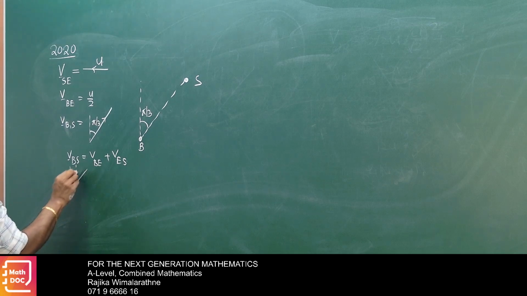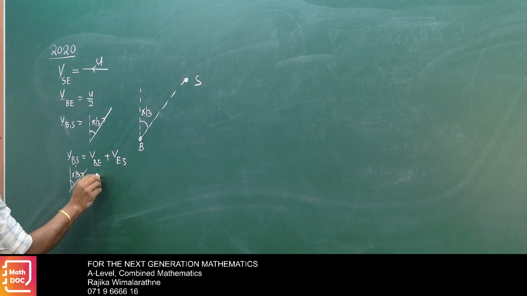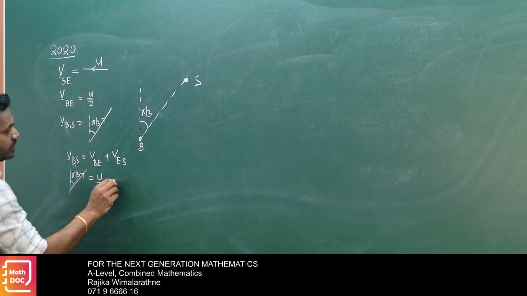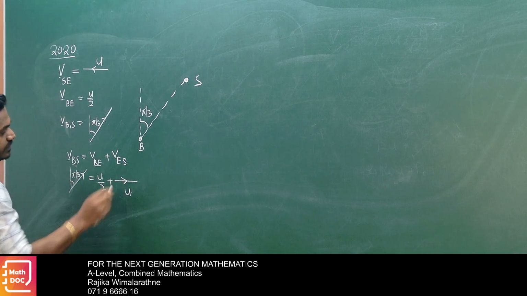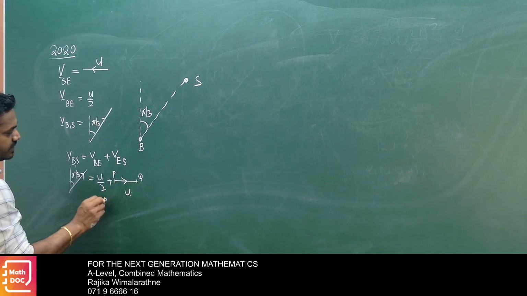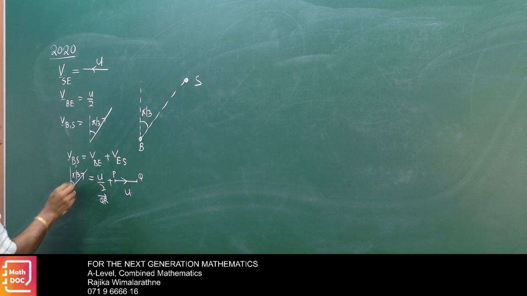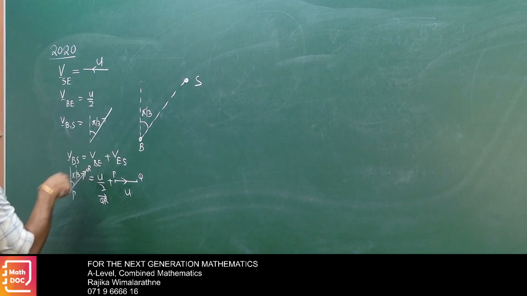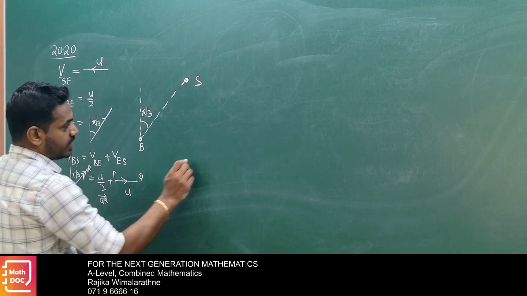Here pi by 3, u over 2, opposite direction u. Then take PQ, here QR vector, resultant PR. Now that's going to intercept the ship, here resultant. Then sketch PQ vector first.